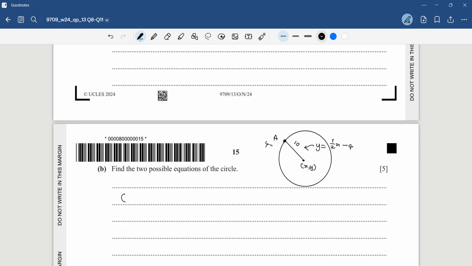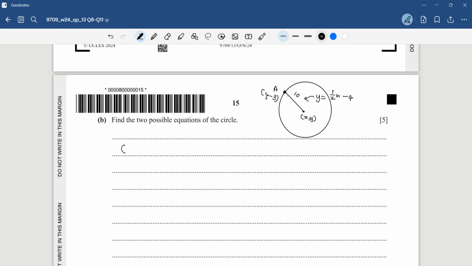So the distance here, I can use my distance formula where (4 minus x) square plus (negative 3 minus y) square is equivalent to 10 square, where my y is equivalent to this. You can use it.